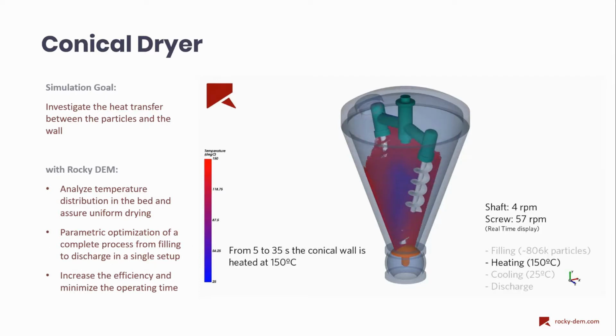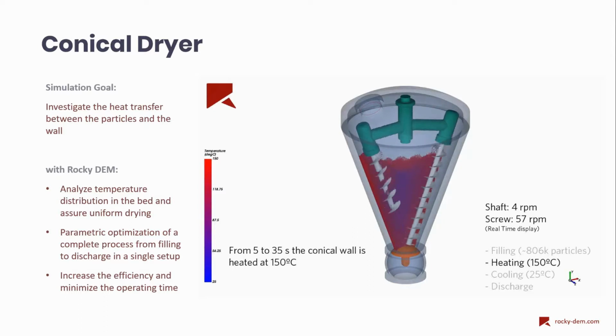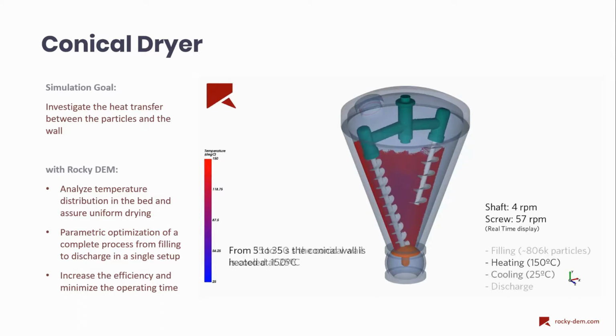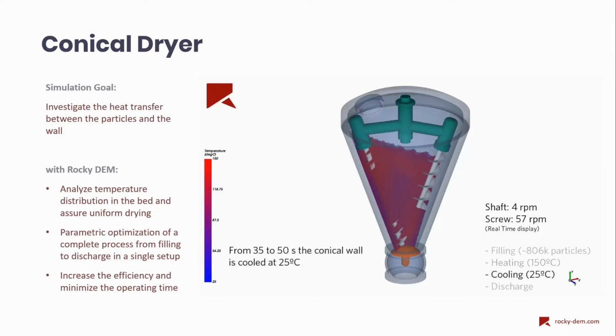It's important to see how the whole process is defined in a single project. This enables us to run optimization tools between different stages of the process from filling to discharge. These optimization goals can be to increase the efficiency and to minimize the operating time of the process.